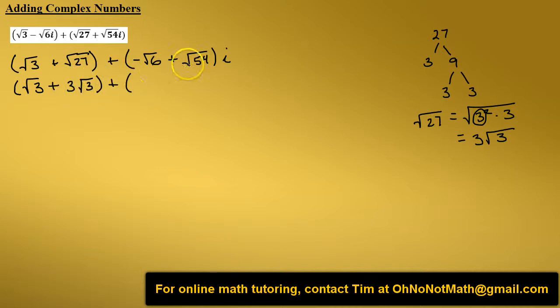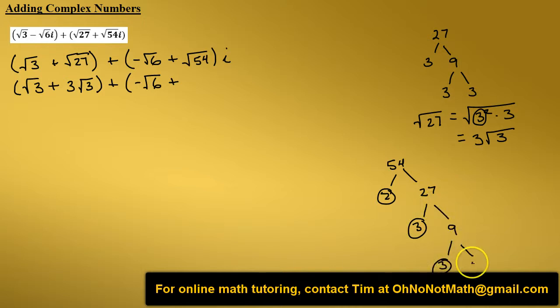Let's go to the imaginary part. So negative the square root of 6 cannot be simplified, but the square root of 54 can. So again, let's write 54 in terms of its prime factors. Let's make a factor tree. We have 54. 2, a prime number, goes into 54 27 times. 3, a prime number, goes into 27 9 times. 3 goes into 9 3 times.